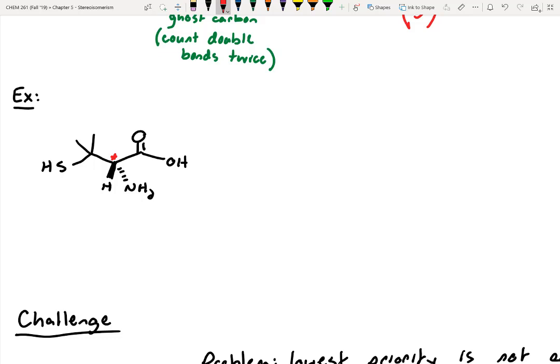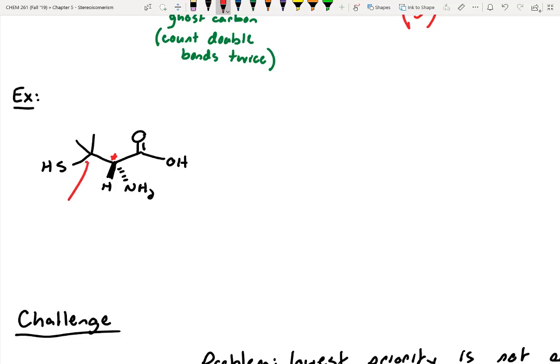So check with your neighbor and see if we can agree on the highest priority. All right, so let's do this as a class.